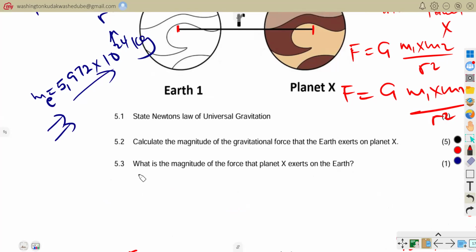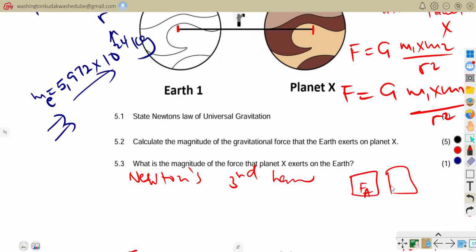So now this is where we apply Newton's third law, which says that forces actually exist in pairs, or else we say actions and reactions are equal but opposite, where planet A will exert a force of A on planet B, whilst planet B will also exert a force of B on planet A, which is equal but in opposite direction.